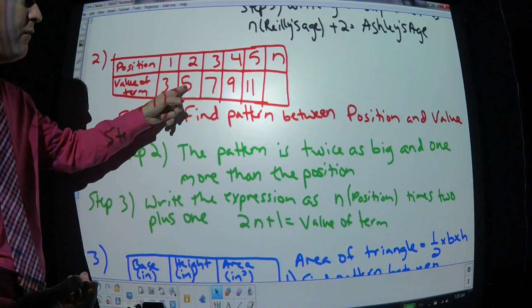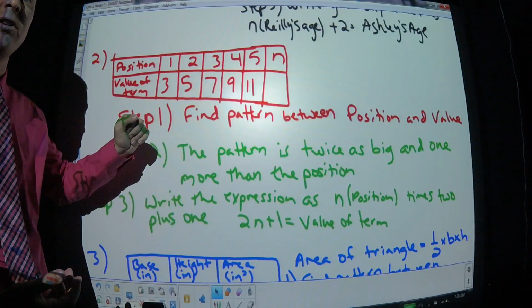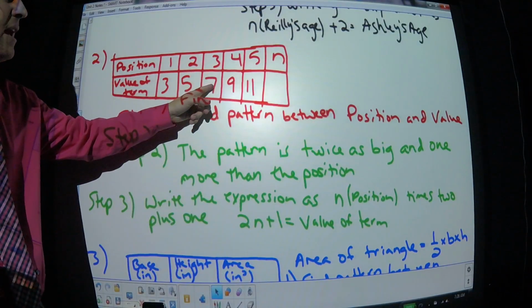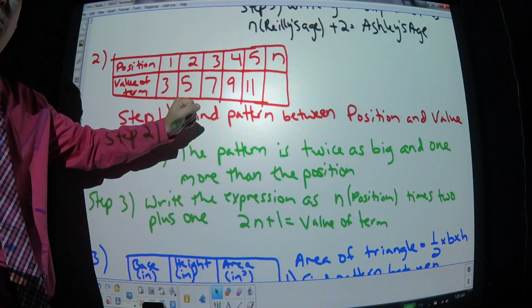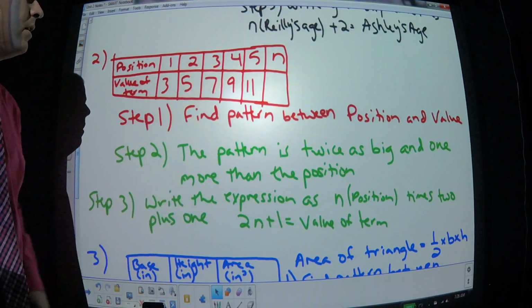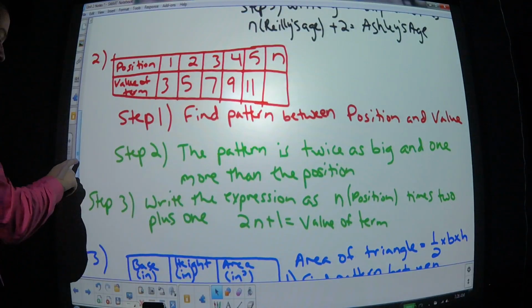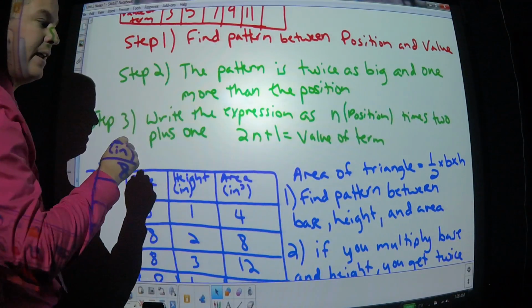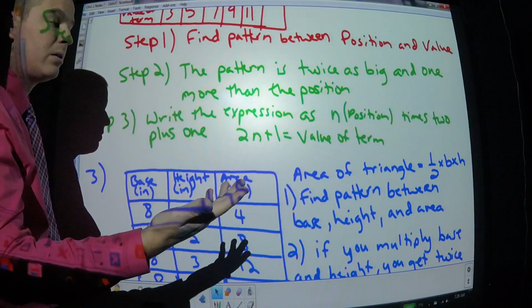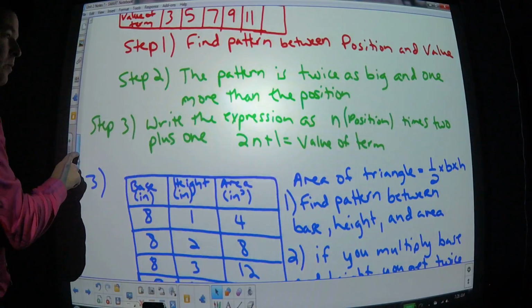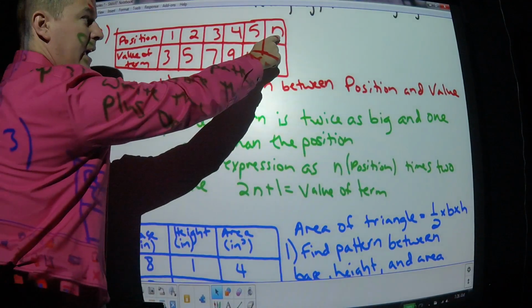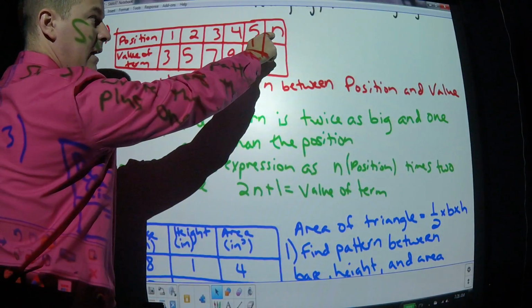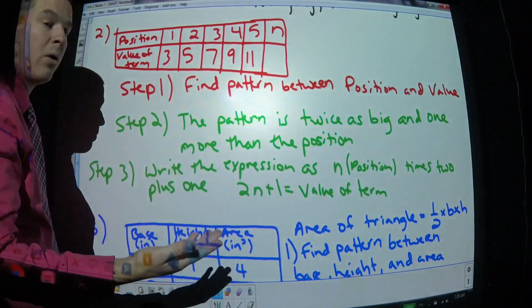Notice that 5 is 2 times 2 plus 1. 7 is 2 times 3 plus 1. So our expression is going to be 2n, 2 times whatever n is, plus 1 more, and that's going to equal the value of the term.